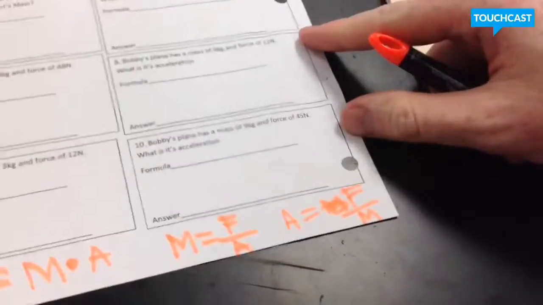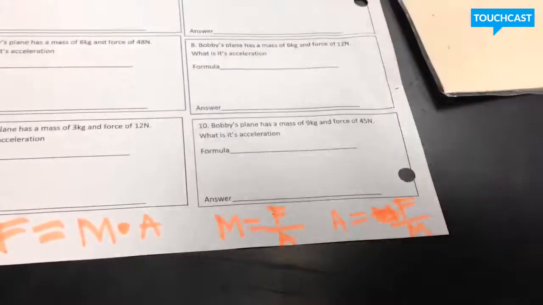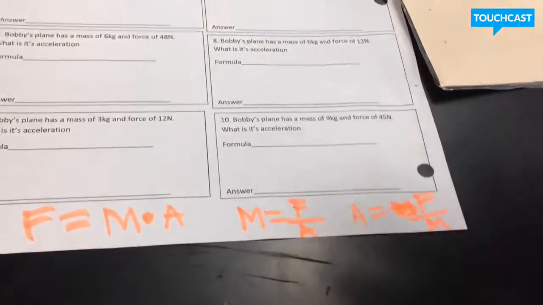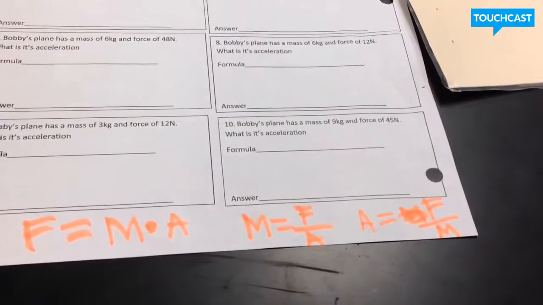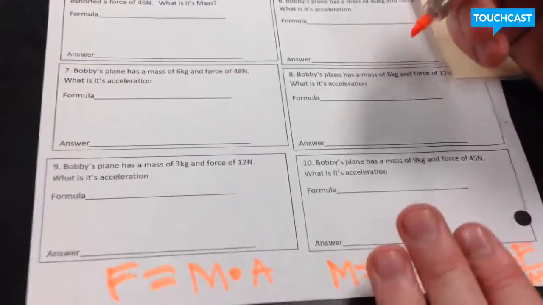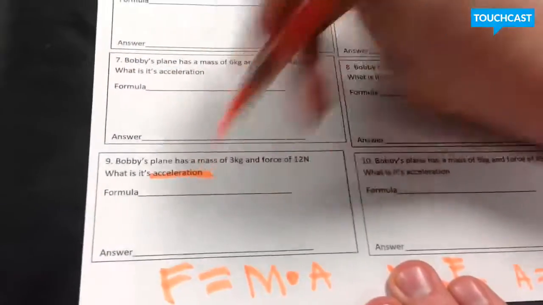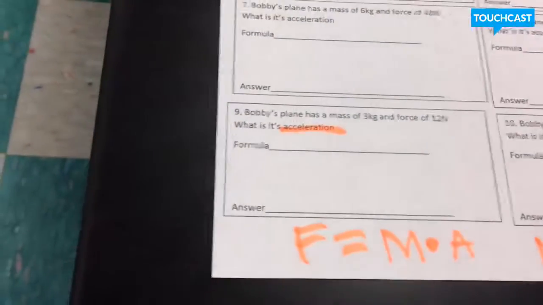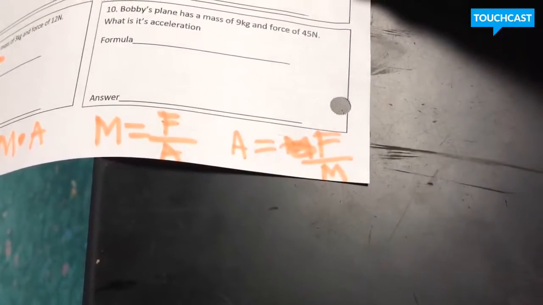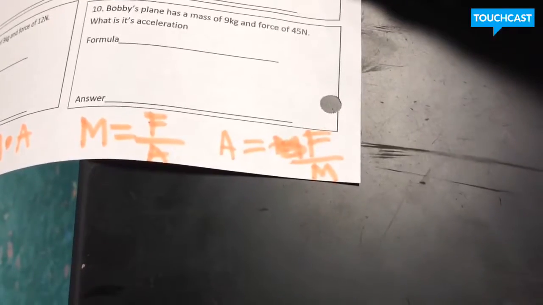So basically, whenever you're trying to solve one of your problems, you need to first look to see what it's asking. Like an example right here, on this one here, a number, let's say 9. It's asking for acceleration. So you would use the formula right over here for basically acceleration is equal to force divided by mass.